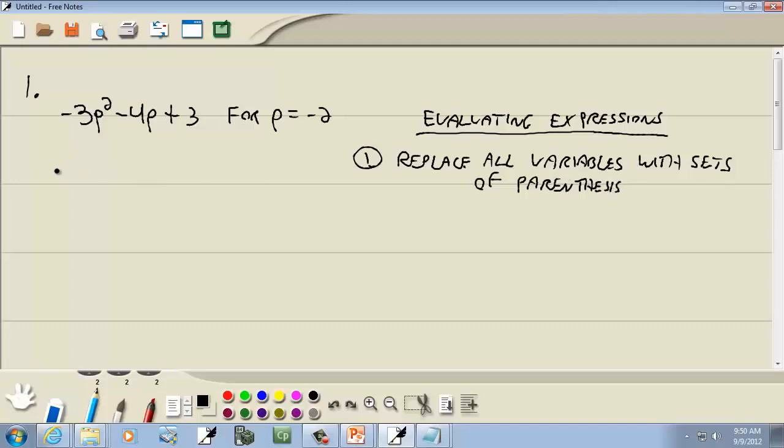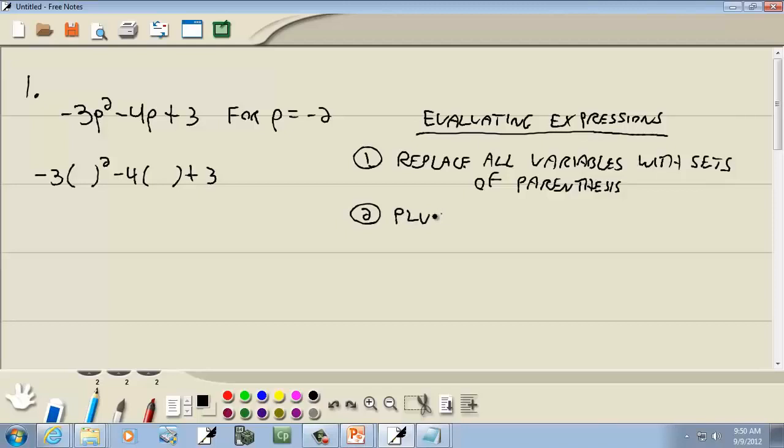Now everything else remains exactly as is. The negative 3 remains there, the squared remains there, the minus 4 remains there, the plus 3 at the end remains there. The only thing we did is everywhere we had a variable we put in a set of parentheses.